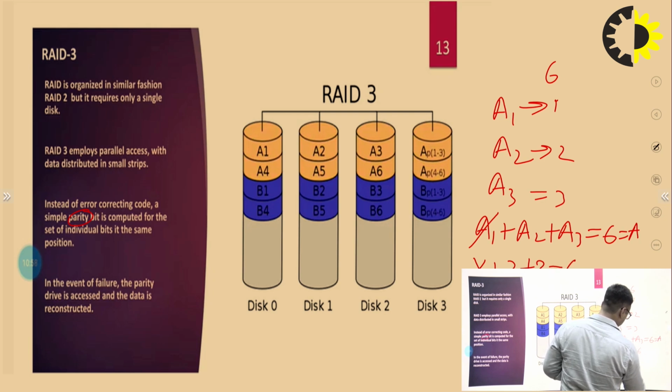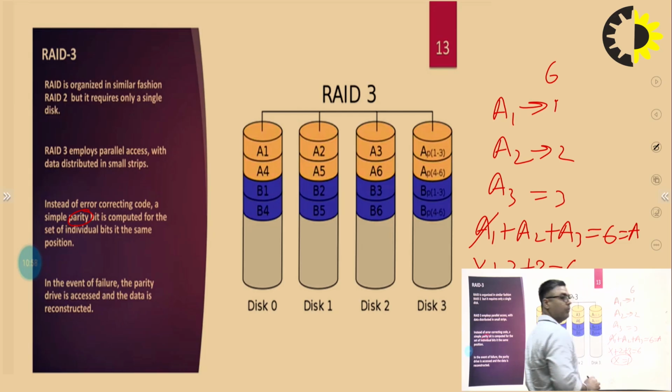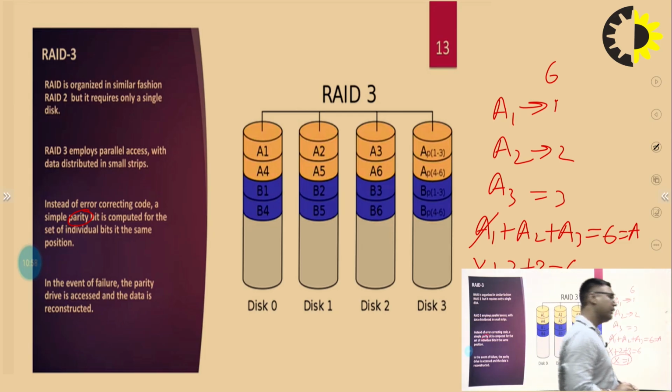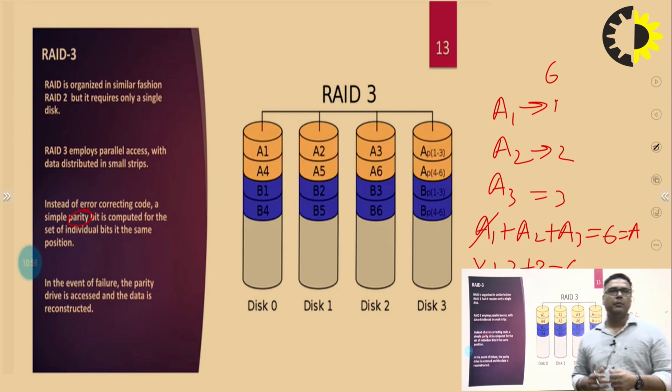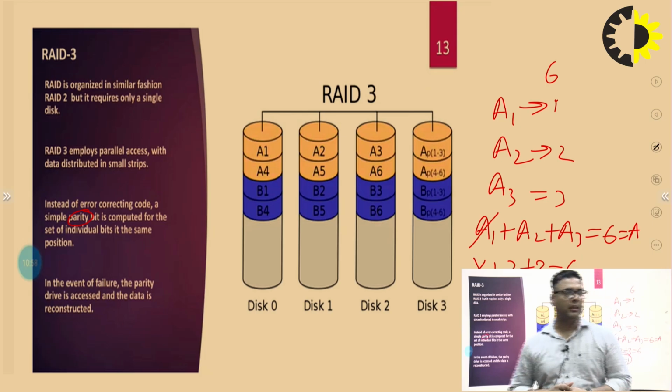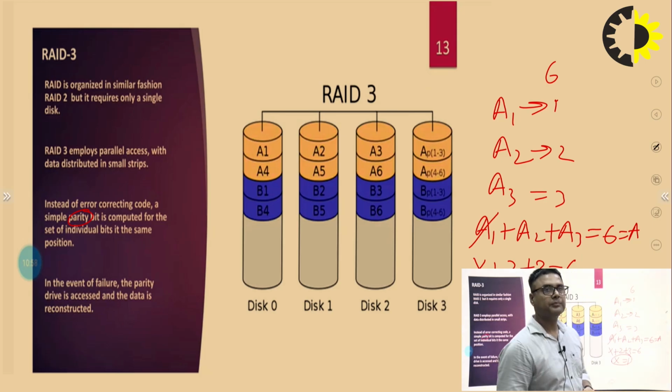So the X value is 1. Through the parity we find the data. But if two disks are corrupt, there are possibilities of problems. So maximum you have to secure the data through RAIDs.